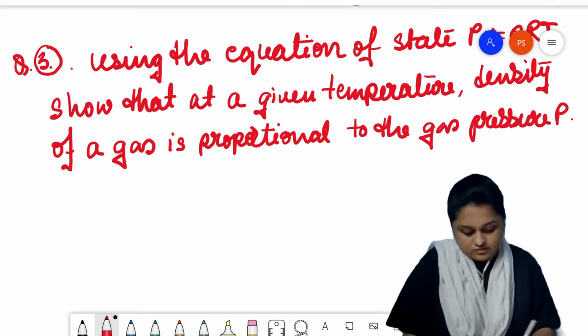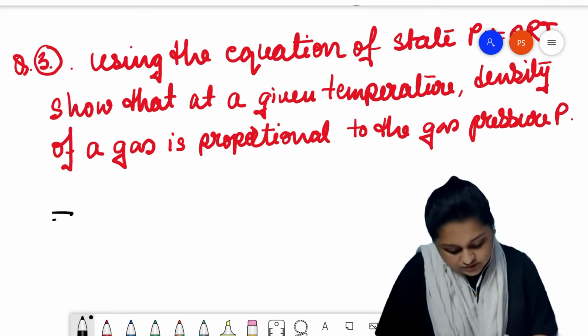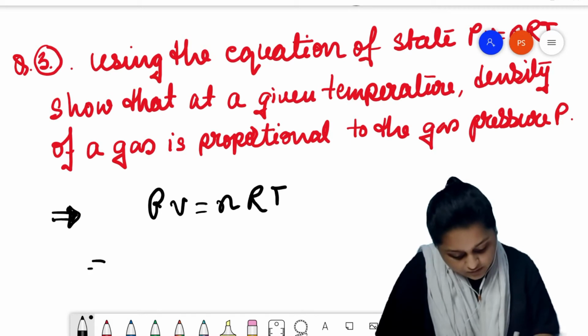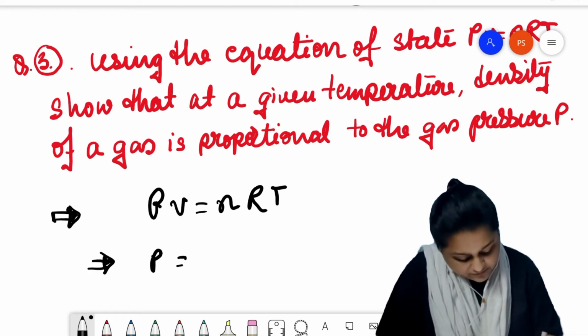Now the equation of state is PV equals nRT, where we can say n by V equals P by RT.